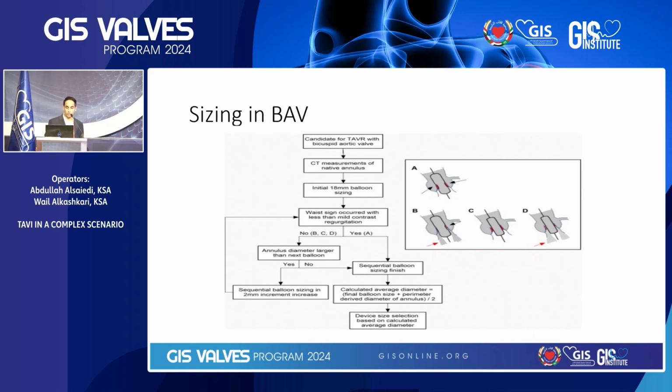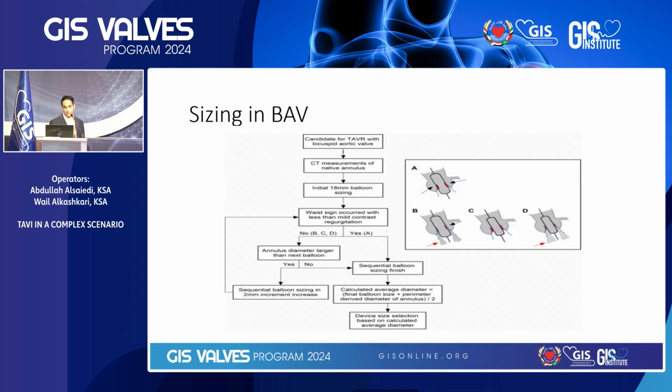Currently, there is no protocol for using balloon to size patients with bicuspid aortic valve. This is probably the best protocol, coming from a Chinese study done in those patients, and it clearly said you take the balloon at the lower or minimal diameter, then you inflate this balloon and try to see if there is a waist sign happening, also with less than mild regurgitation during the balloon inflation.